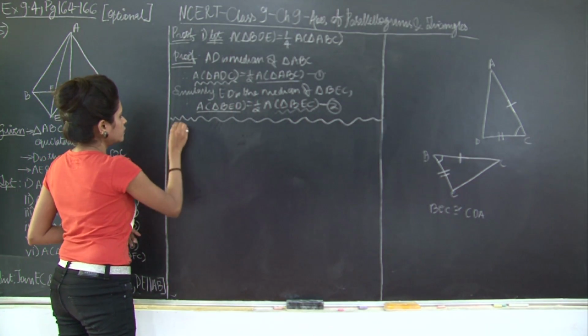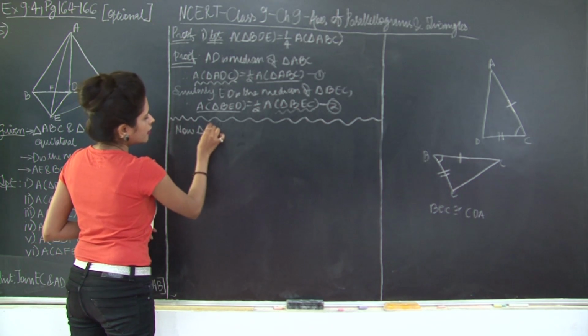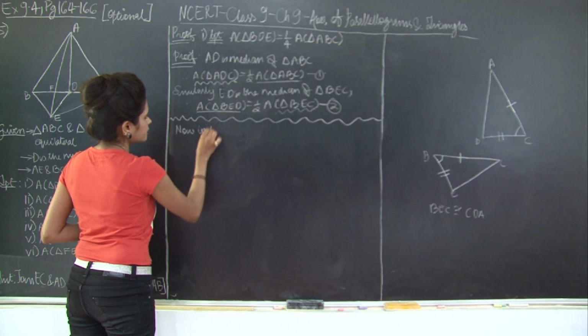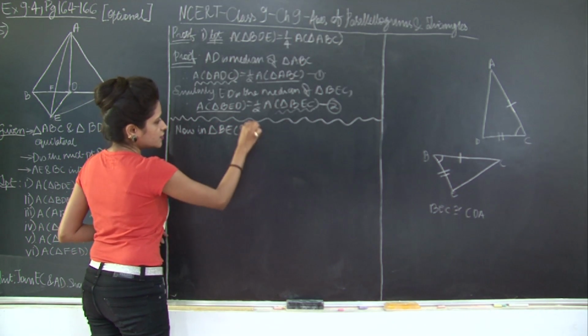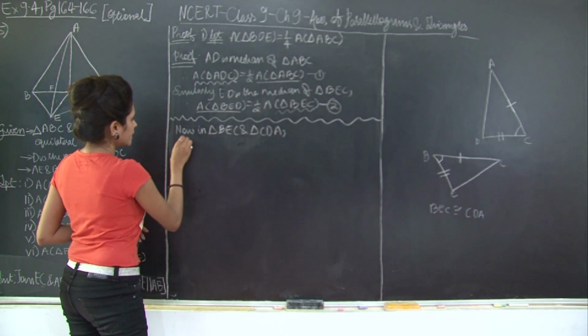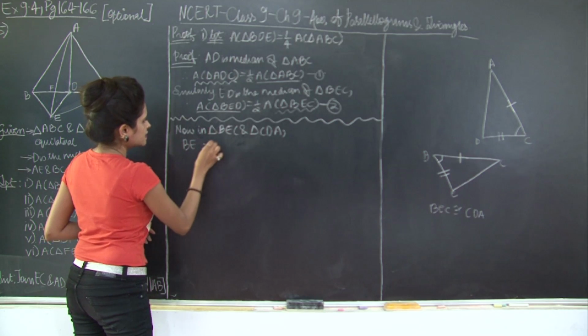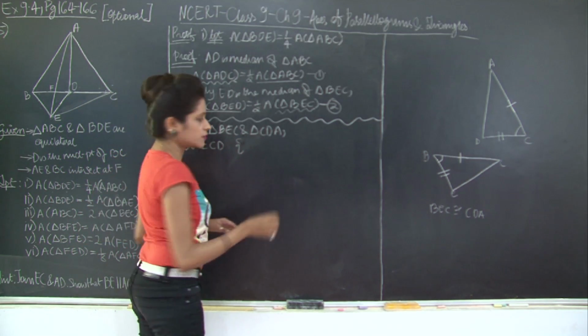I will say now, in triangle BEC and triangle CDA, I have BE is equal to CD. Why is BE equal to CD?